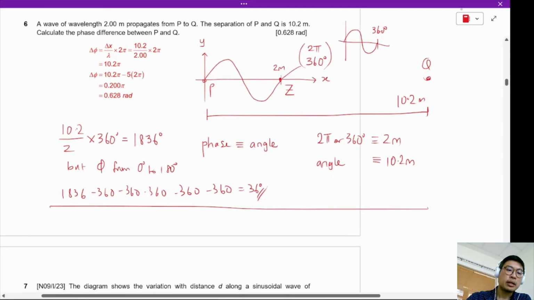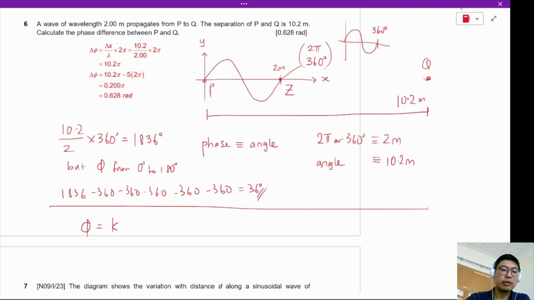The phase of the oscillation will be equal to the wave number multiplied by the difference in distance. The wave number is 2 pi divided by the wavelength. So this will be 2 pi divided by 2 multiplied by 10.2, and this is going to give you 10.2 pi.